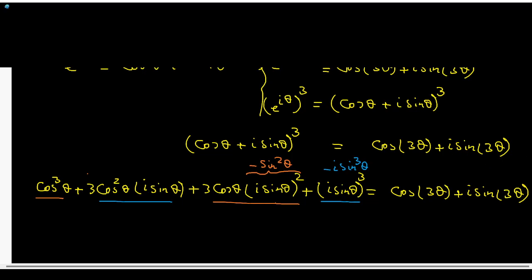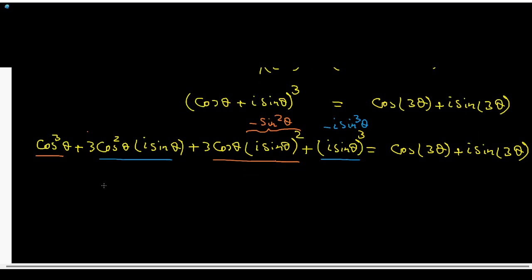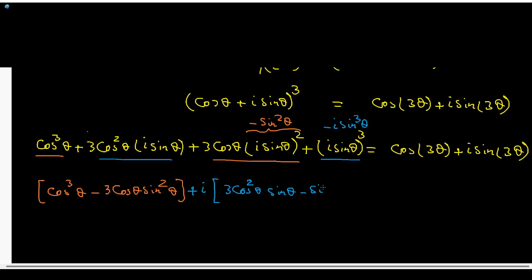If I separate the real and imaginary parts on the left side, for the real part we get cos cubed of theta minus 3 cosine of theta times sine squared. And for the imaginary part, we get plus i times the quantity 3 cos squared times sine minus sine cubed.